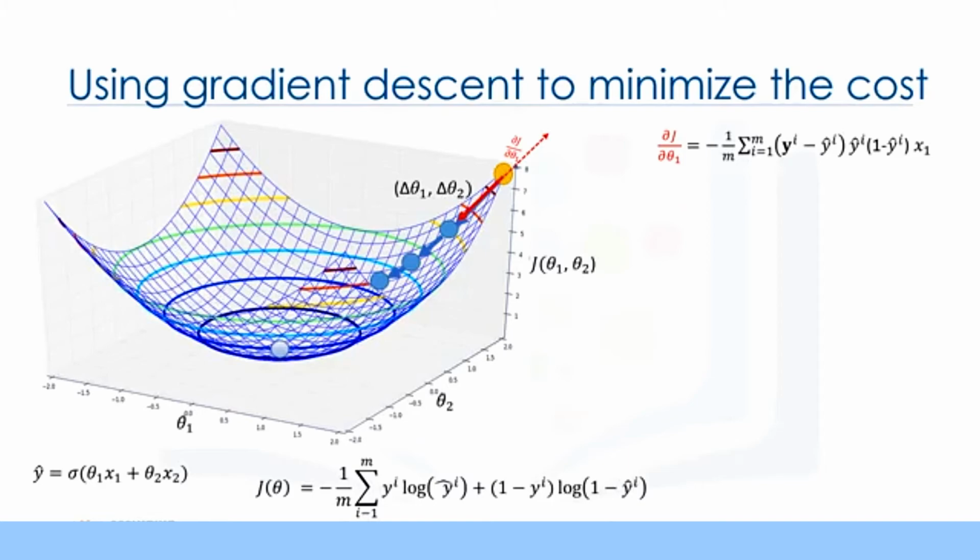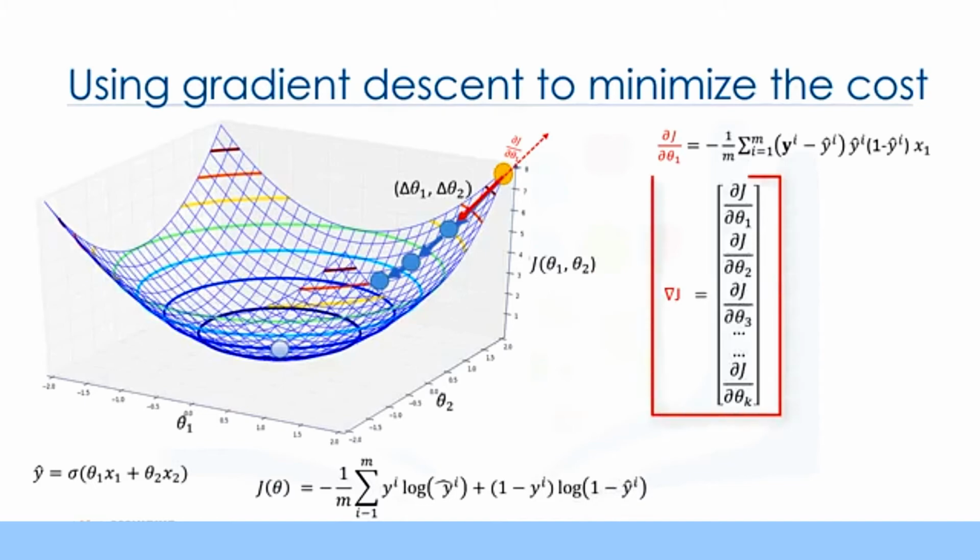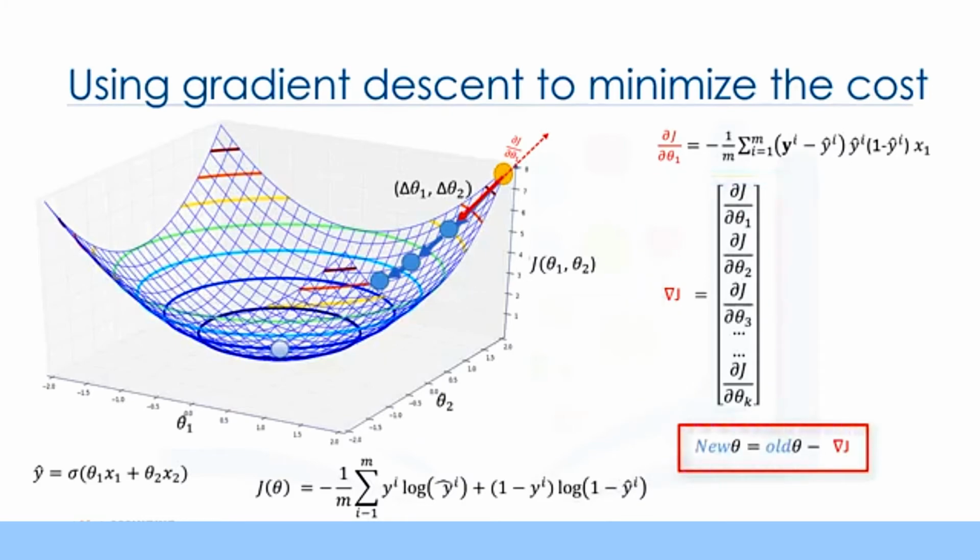So, in a nutshell, this equation returns the slope of that point, and we should update the parameter in the opposite direction of the slope. A vector of all these slopes is the gradient vector, and we can use this vector to change or update all the parameters. We take the previous values of the parameters and subtract the error derivative. This results in the new parameters for θ that we know will decrease the cost. Also, we multiply the gradient value by a constant value μ, which is called the learning rate.